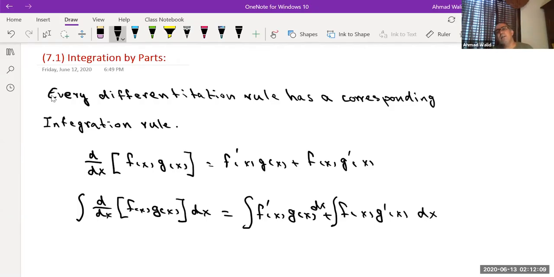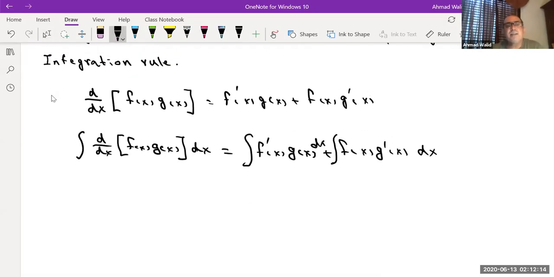When you put the integral sign, you have to have dx, right? On the left side, integral and derivative cancel each other, right?